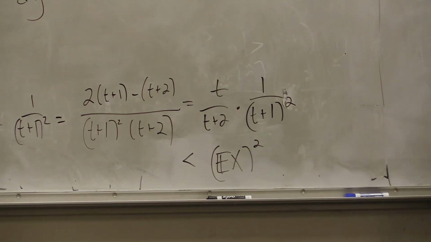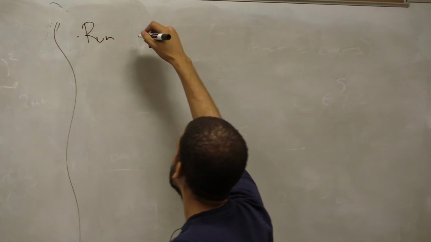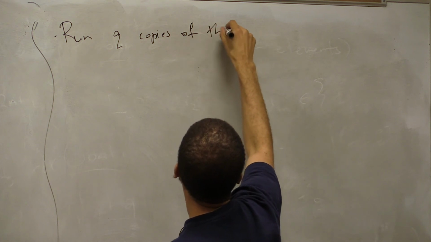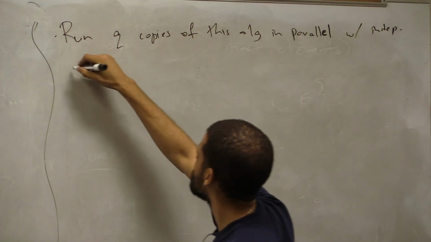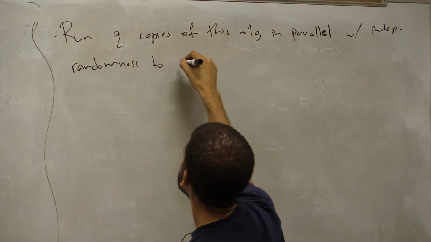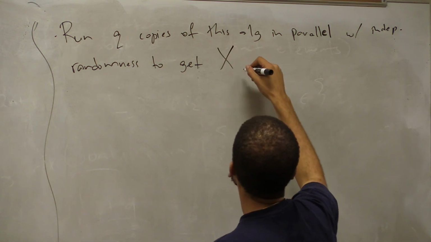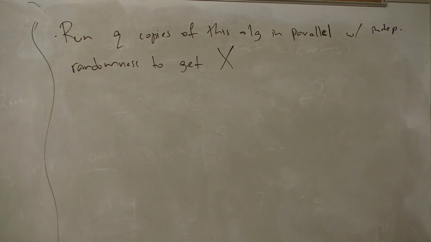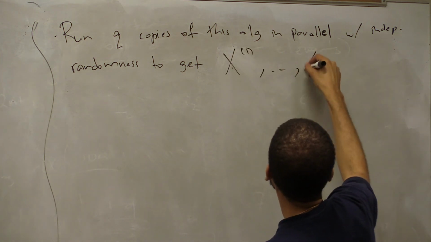So what will we do next? We'll run q copies of this algorithm in parallel with independent randomness to get counters, let's call them x1 up to xq.